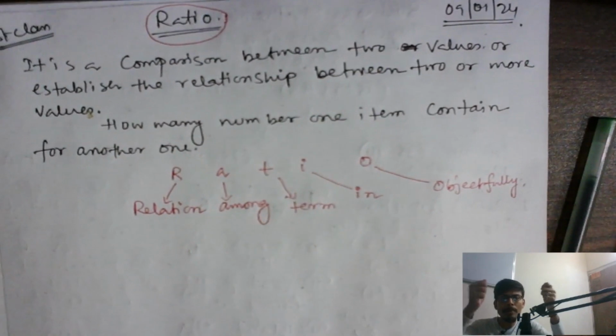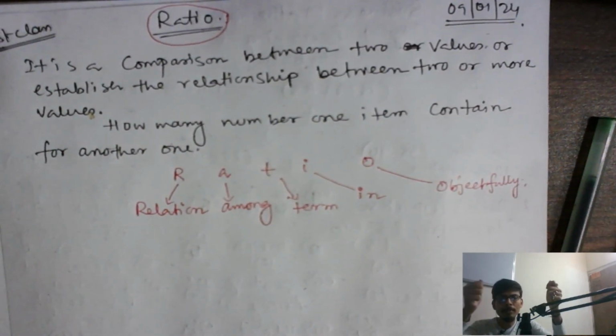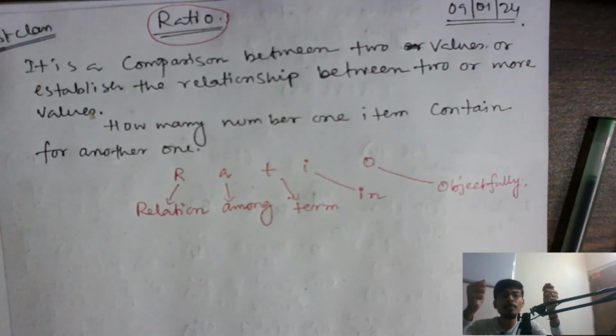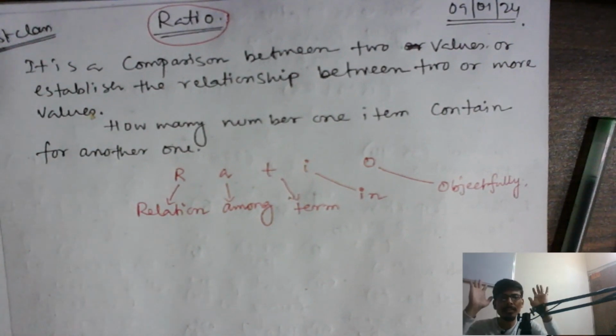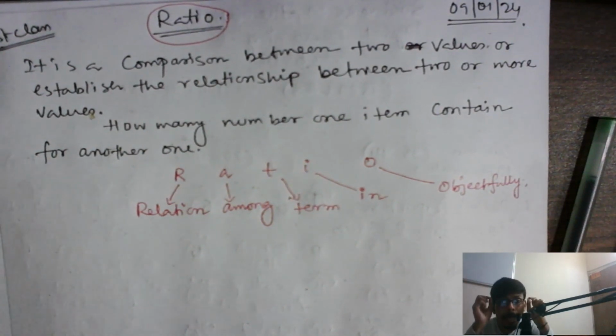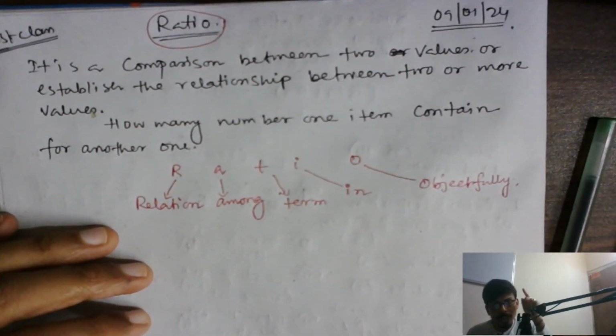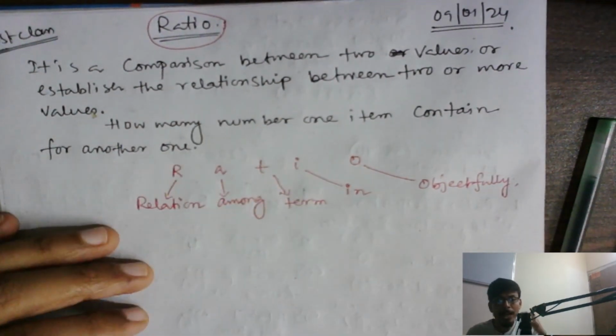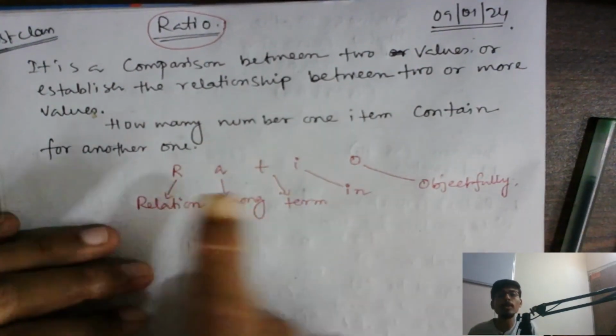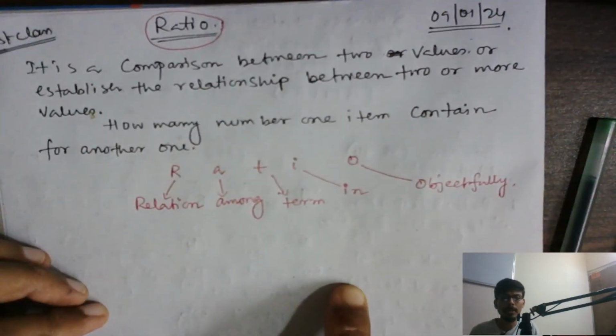Now I am going to show you the magic that when both hands have 0 pens, it will vanish, correct? So that magician wants to show you the relationship between the right hand and left hand and how he or she makes them vanish with respect to the magic. So relation among term, meaning values, in objectfully is called the ratio. That is the significance of it.